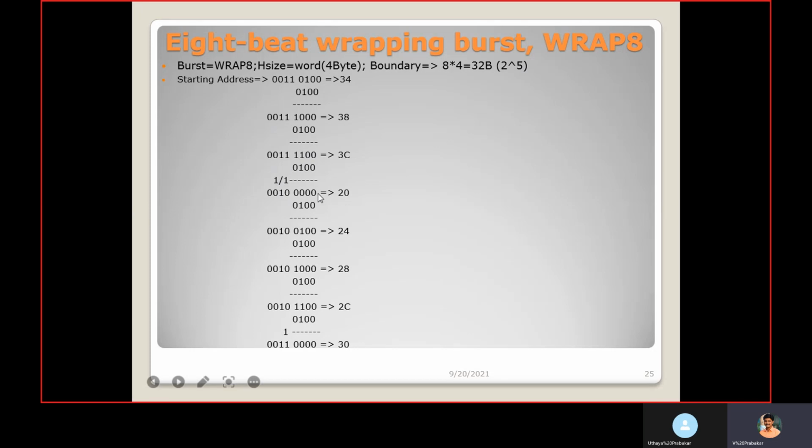I am explaining this again. 0 0 0 0 0 0 1 1 plus 1 gives 1 0 0. Here it is 1 1 1 plus 1 gives 1 0 0. Here 1 1 1 1 0. Then another one comes to the 6th bit, but only 5 bits are acceptable, so this one we need to neglect. Then this one comes as it is, and this 0 and this 0.